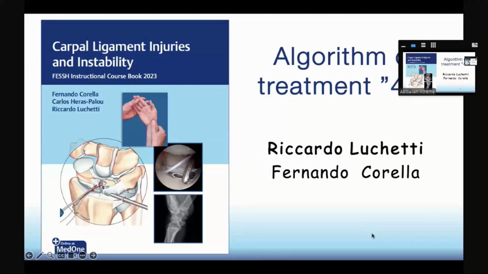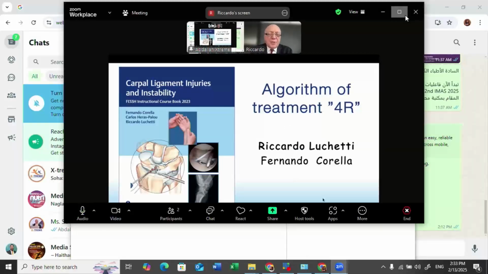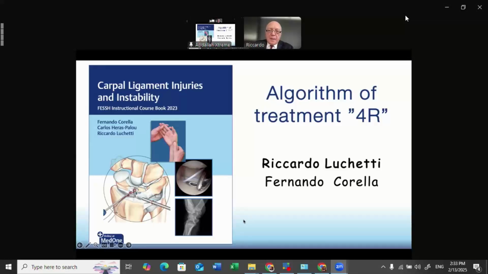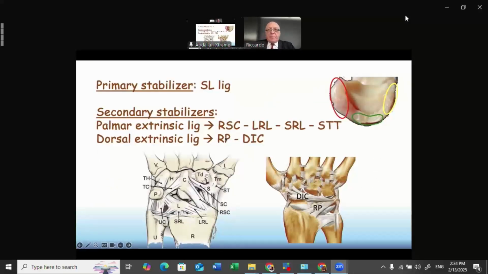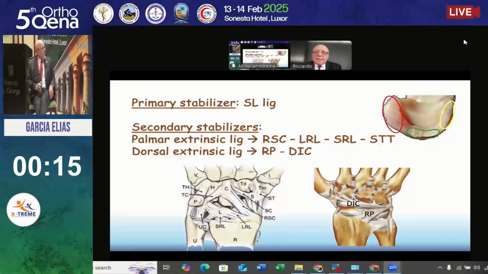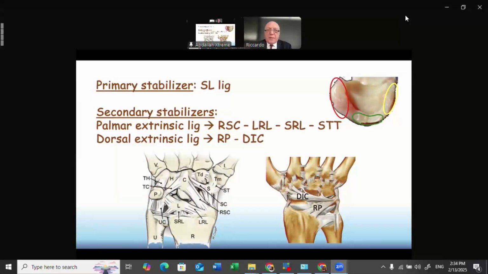Perfect. The presentation will talk about our report of ligament lesion for R. The first stabilizer, the scaphoid of the scaphoid joint, is divided into the dorsal, polar and the inferior part.